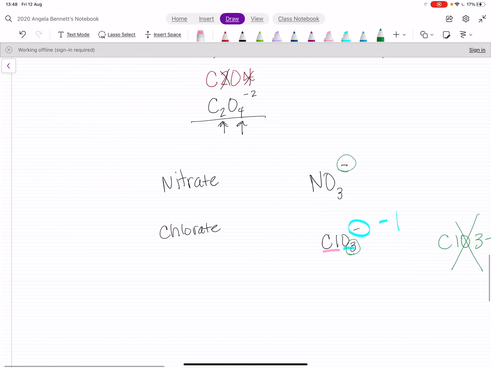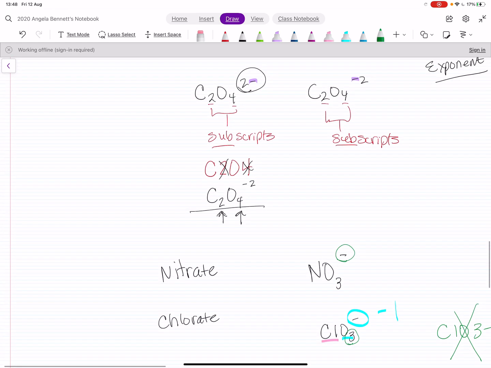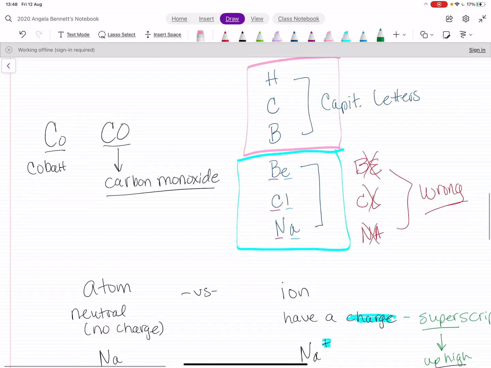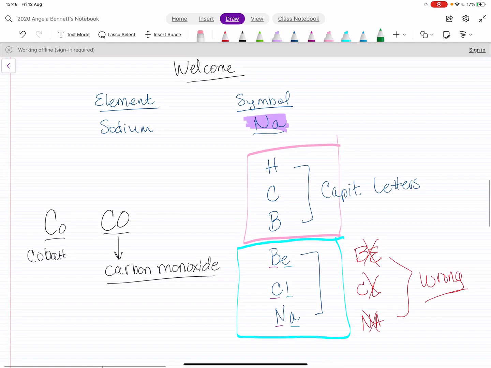This is one of the things that we have to be incredibly picky about. And sometimes kids get really frustrated and mad because they're like, oh, you're being too picky. Well, you know what? When we get further along into the year, you are going to find out why. And it's really, really important. So we're going to start out on the right foot, being incredibly particular about how we write things.